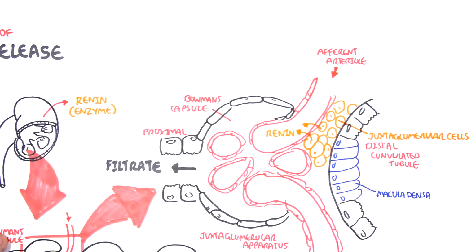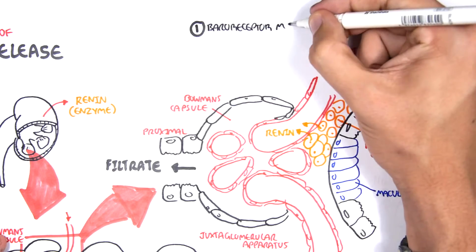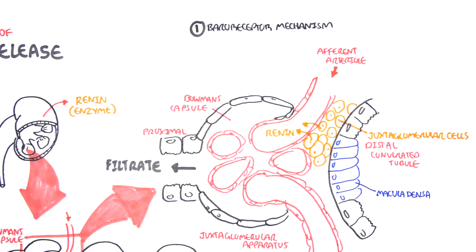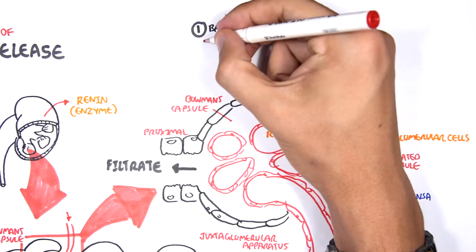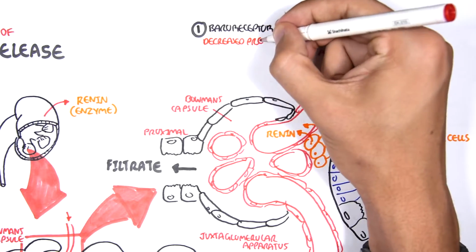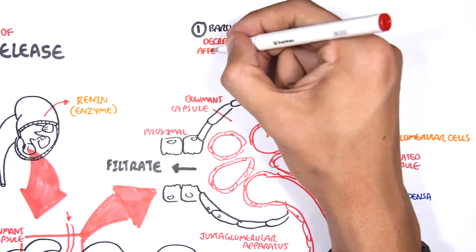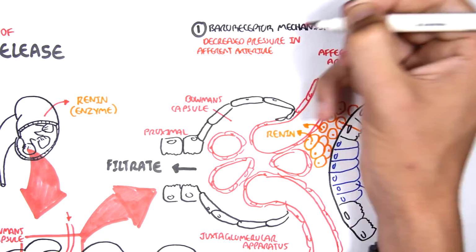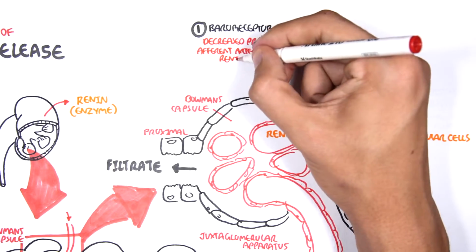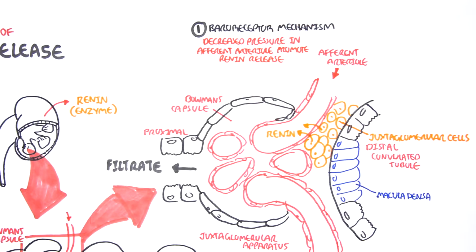First way is through what's known as the baroreceptor mechanism. The baroreceptors are a group of receptors that detect changes in pressure. So, when there is decreased pressure in the afferent arteriole, this will promote renin release. Okay, just before we continue on, why would this be?